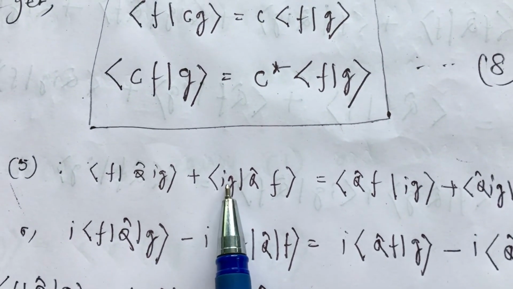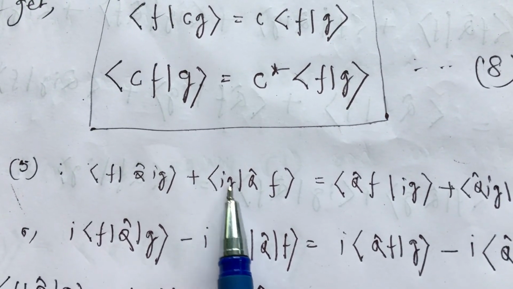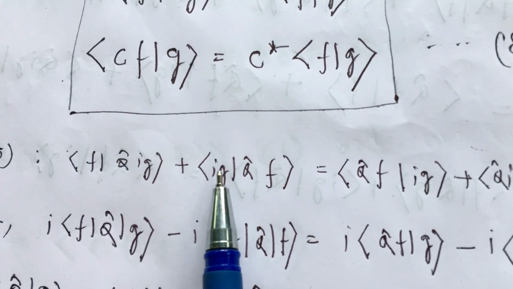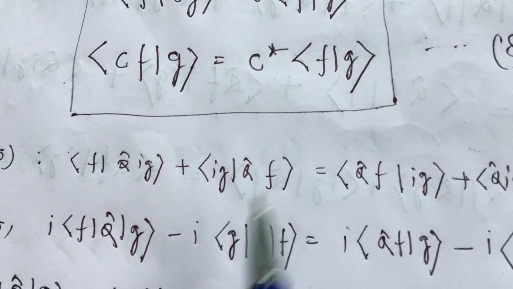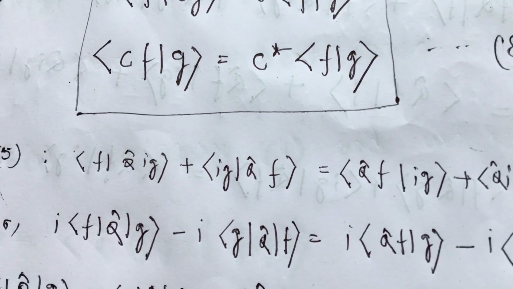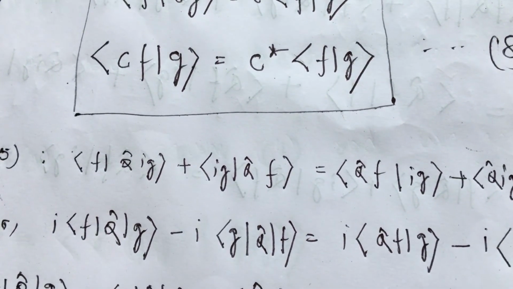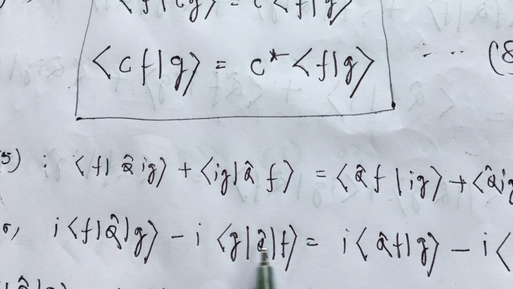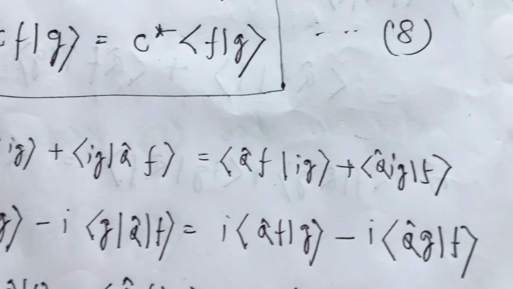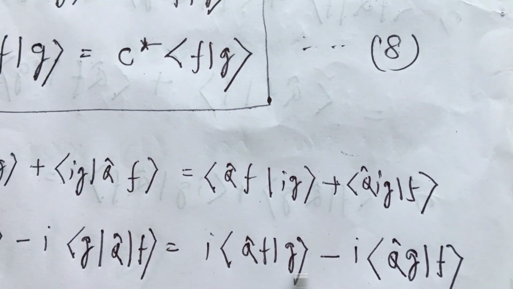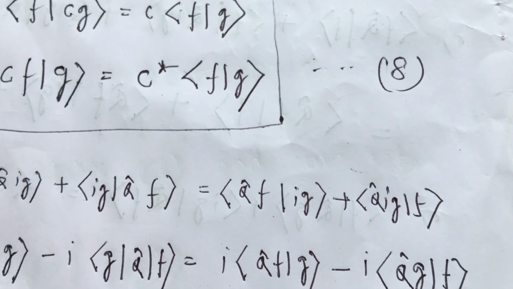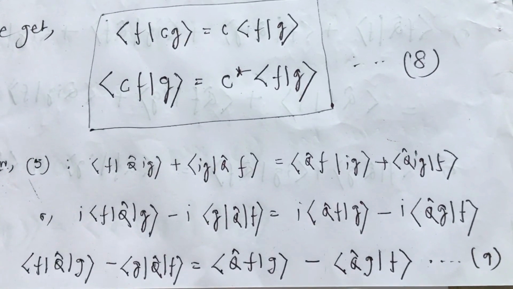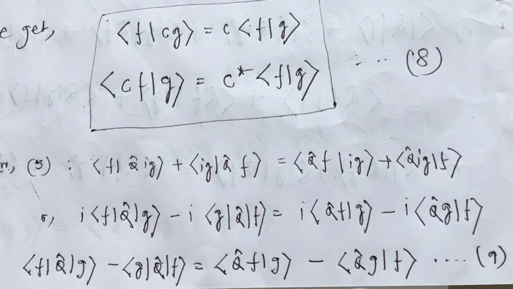But here the i is written in the bra vector, so if I take i outside, it would be i star, which is minus i, the complex conjugate of i itself. So for this second term, I will get minus i gQf. The same procedure is applied here also. Dividing both sides by i, I am getting equation 9.